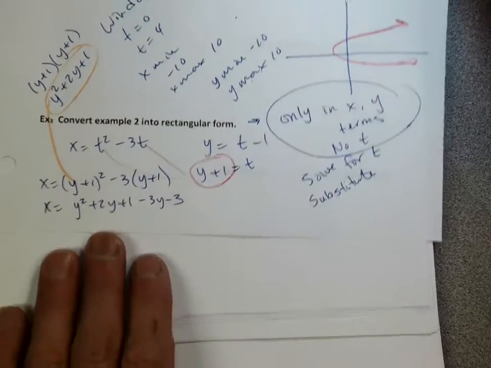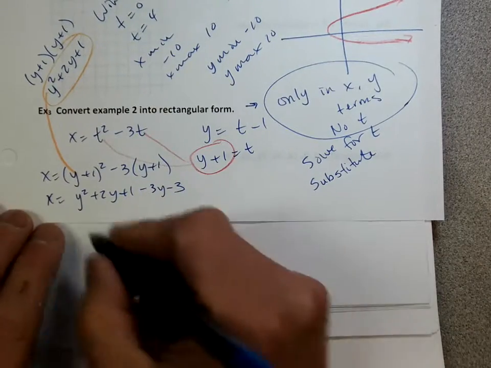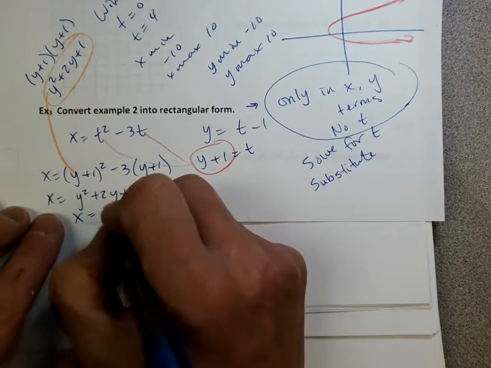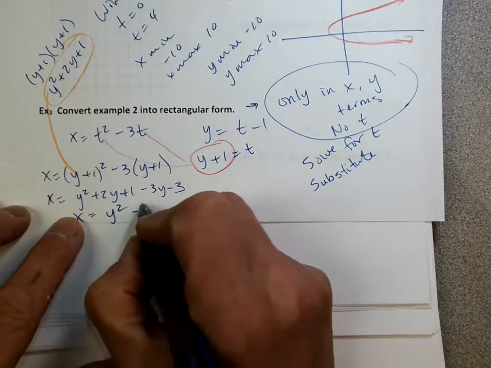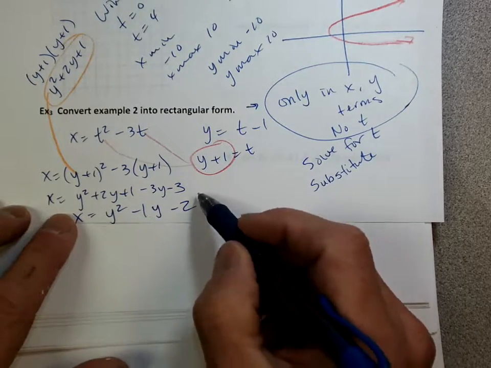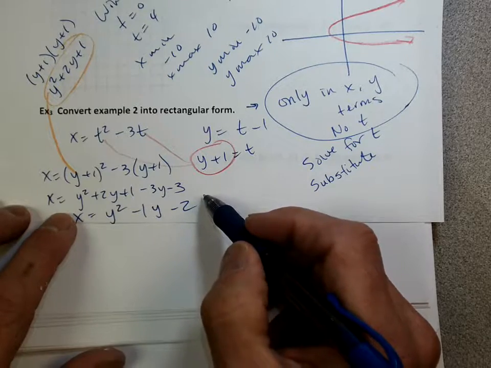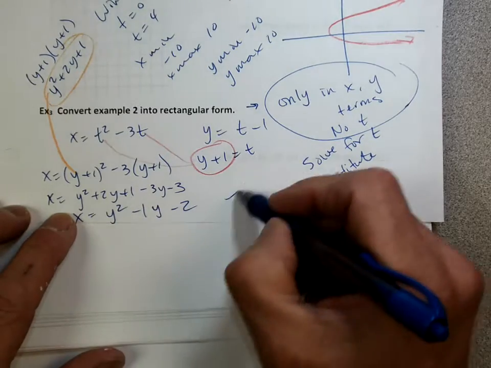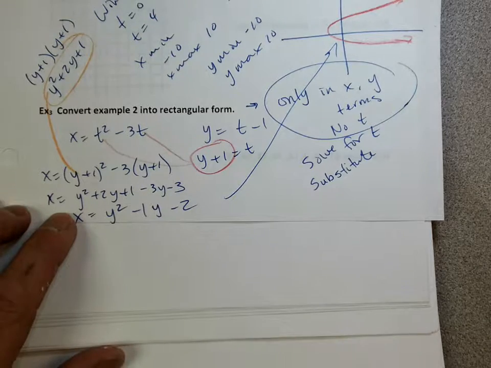And then simplify this a little bit, I'd have x equals y squared minus 1y minus 2, which is a sideways parabola, isn't it? That would be a sideways parabola because of the y squared, which is exactly what we have here.